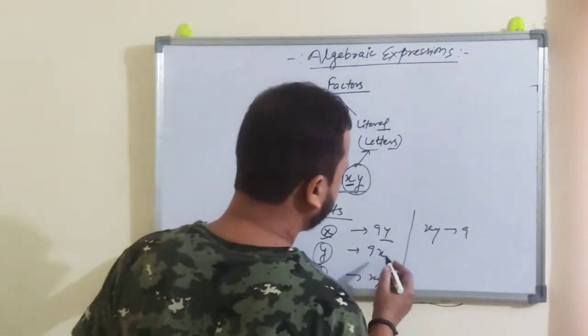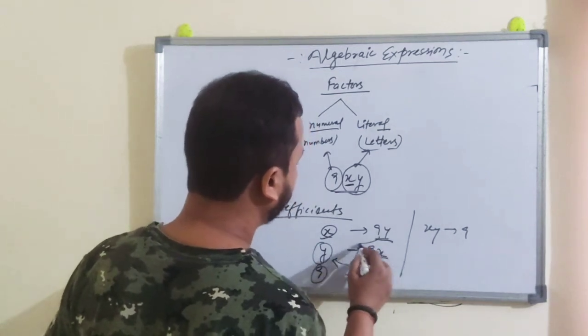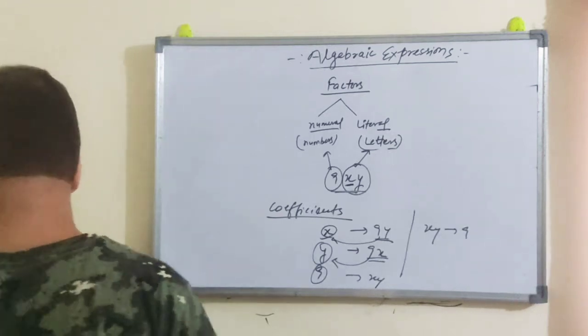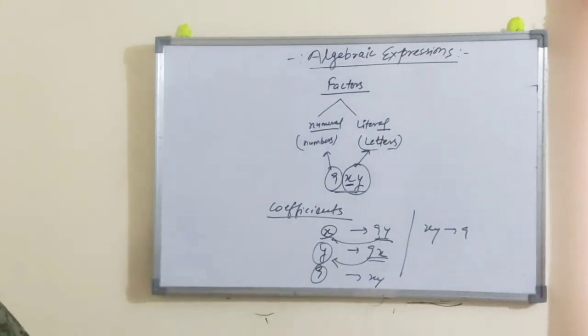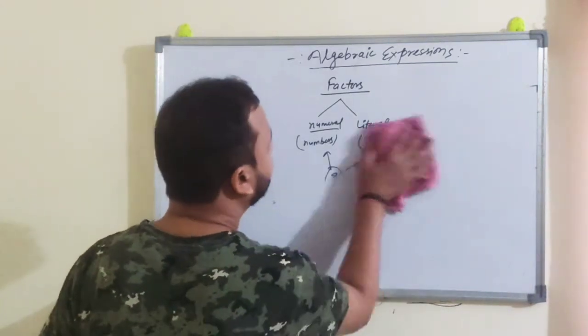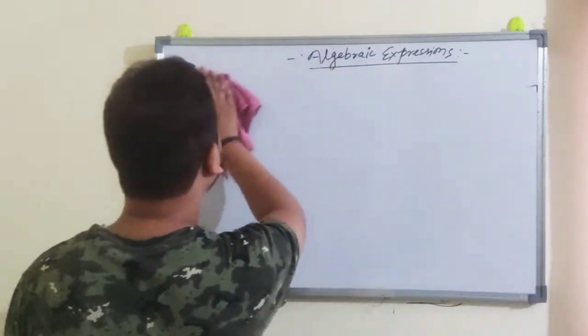Or the coefficient of 9x is y, and the coefficient of 9y is x. This way you can say that. So this was the basic part.